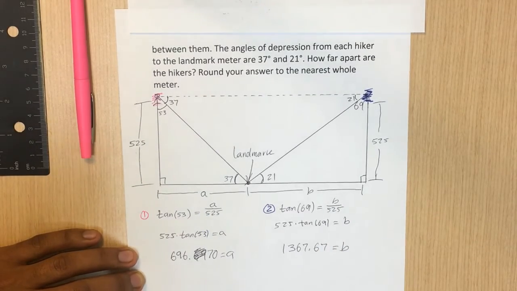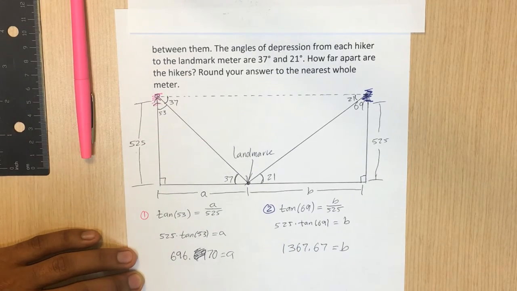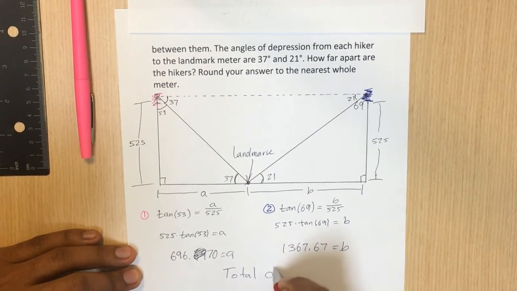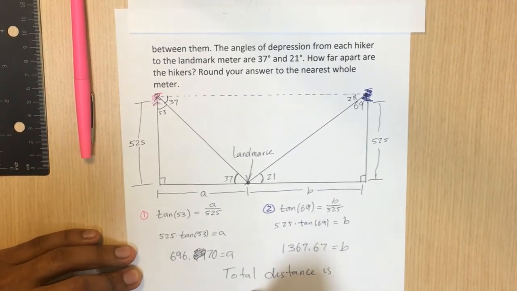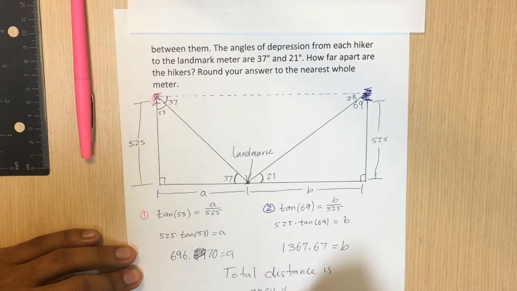But I am trying to figure out the distance between the two hikers, so all I have to do is add this distance to that one, and so total distance is 2,064.4 meters. Okay.